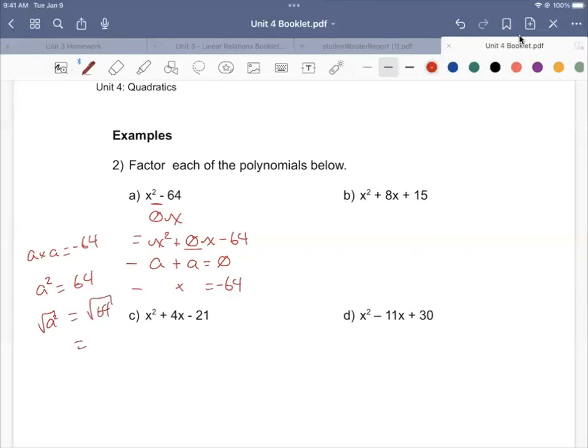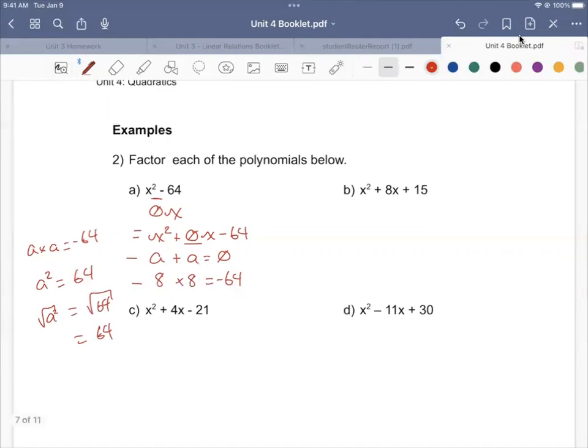I know that 8 times 8 gives me 64. So -8 times 8 is going to give me -64, and -8 plus 8 gives me 0, and that works out.